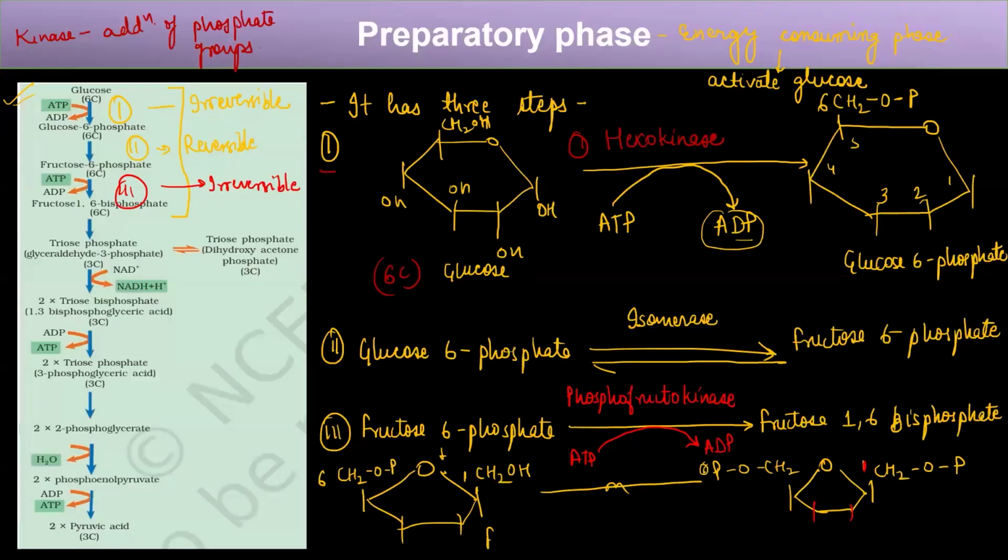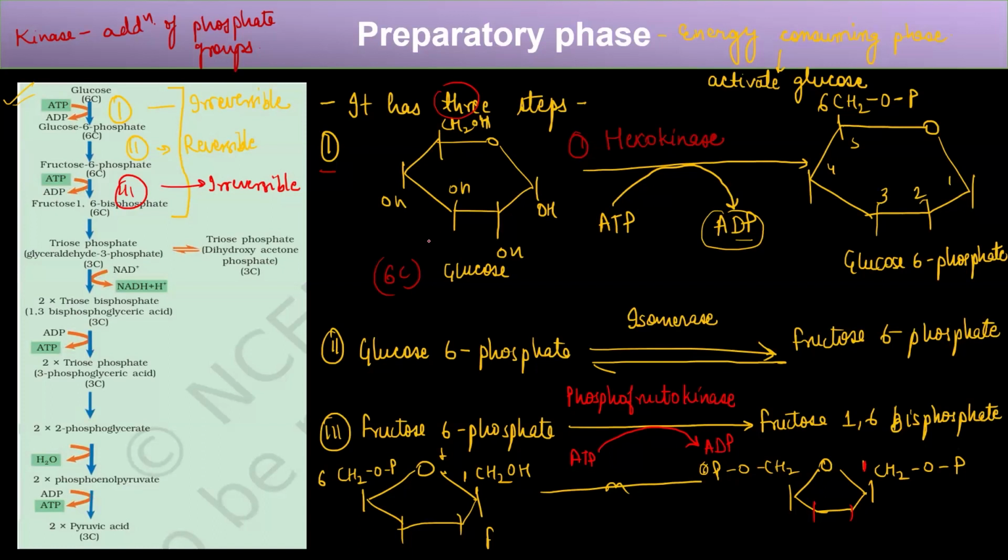Then in glycolysis, we saw that there are two phases, and the first phase was known as the preparatory phase, and we covered this in the last lecture. It comprises three steps, out of which two are irreversible and one is reversible. This preparatory phase is an energy consuming phase in which the ATP is required to activate glucose.